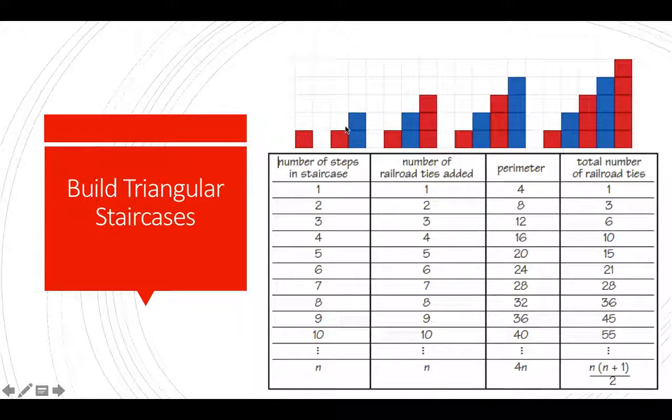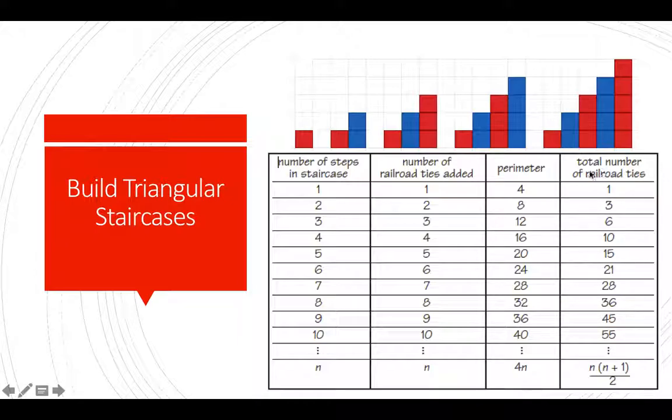This scenario generates different patterns that they look at and interpret, not so much in terms of starting at 4, for example, and adding 4 each time, but taking the number of steps in the staircase and multiplying by 4 to get the perimeter of the staircase, ending up with the algebraic expression 4n. So that's one thing I really like about this particular lesson. It provides students with the opportunity to do that.